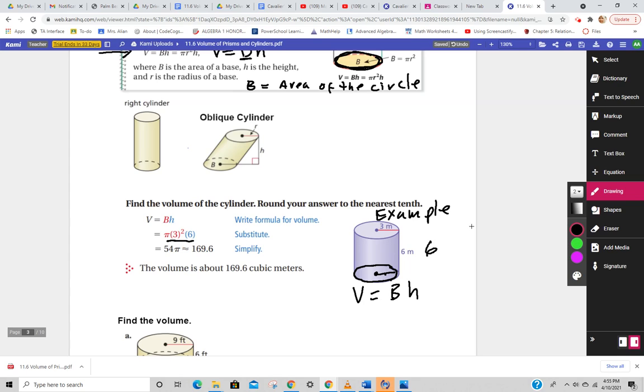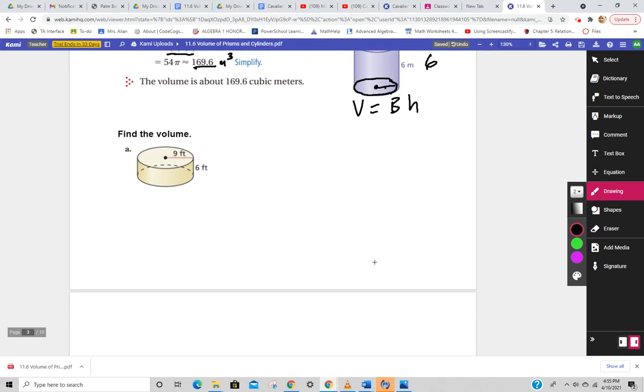And we get the volume of this cylinder here, which is 54 pi. And when we multiply that out, 54 times pi, we get a decimal answer of approximately 169.6. And this is meters cubed.